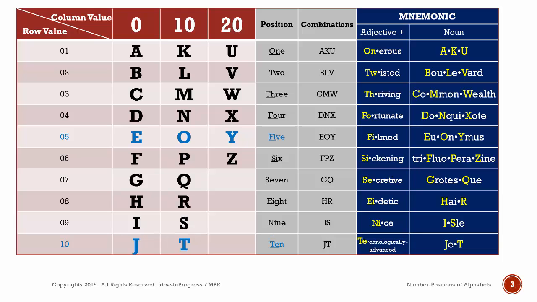So eidetic, I in eidetic is position 8, R is in column 2, so the number position of R is 8 plus 10, which is 18. Don't worry if not all is clear to you with the application. We will talk about it in the next slides.